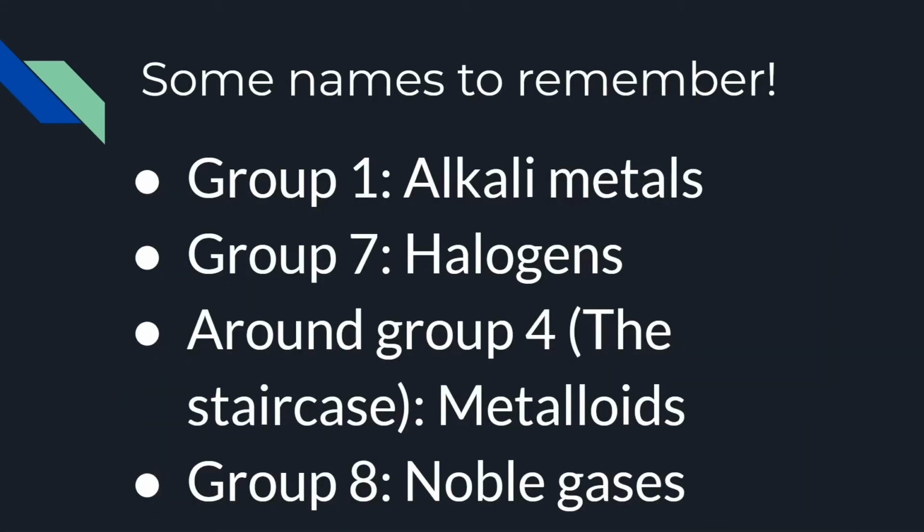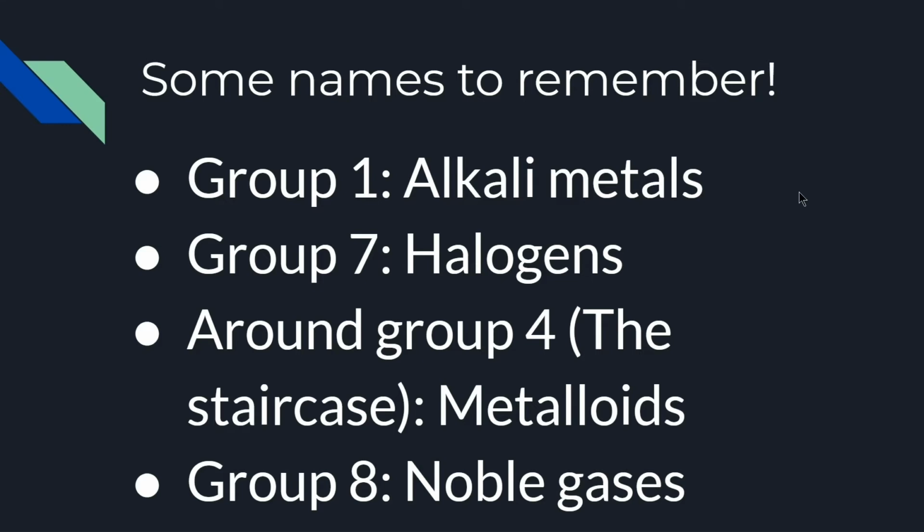When we look into it, there are some names that we must remember regarding the periodic table. You should be confident that everything on the left-hand side of the periodic table, including the transition metals, are the metals, and everything on the right-hand side should be the non-metals. And here are some names that you need to remember.